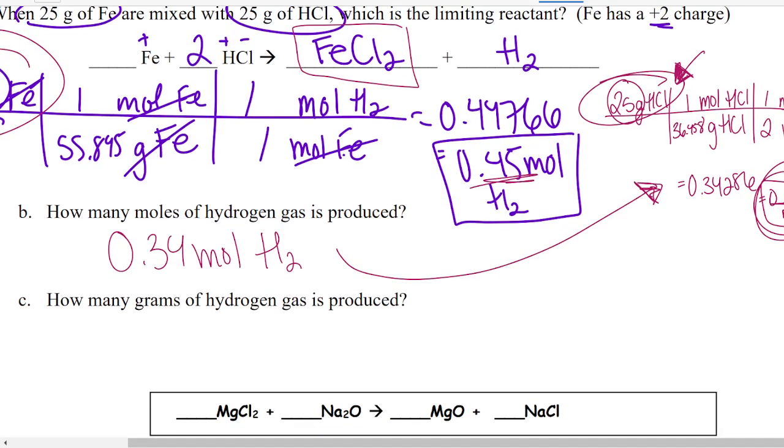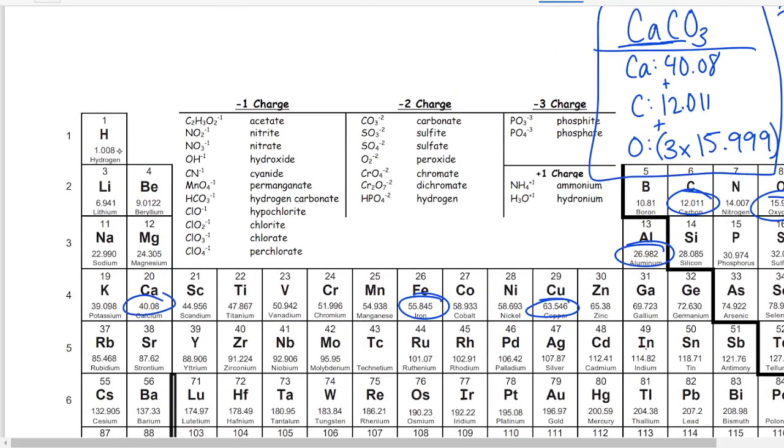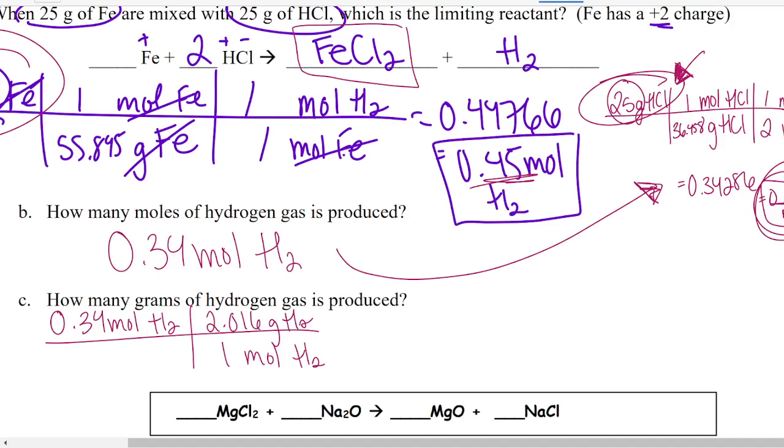And then how many grams of hydrogen gas produced? I can take 0.34 moles of H2, hydrogen gas, and then just turn that into grams. So I would take 1 mole of H2 for every 2.016 grams of H2. I know that it's going to be 2.016 because my periodic table has hydrogen listed at 1.008, but since it's H2, I double that.